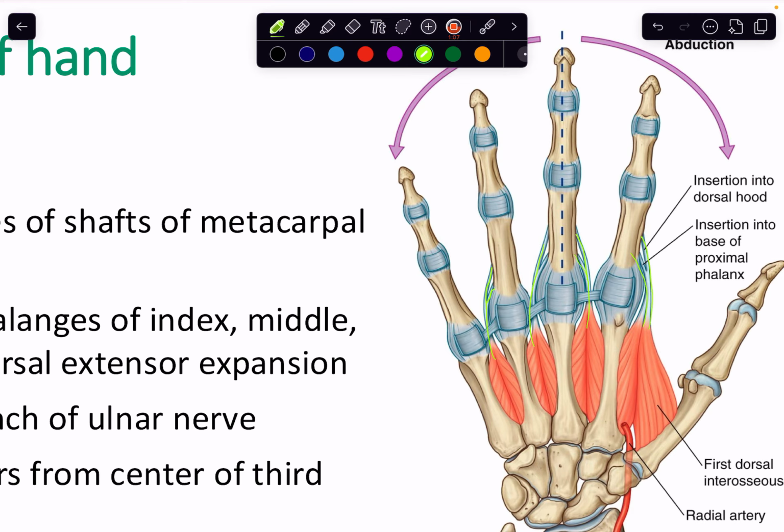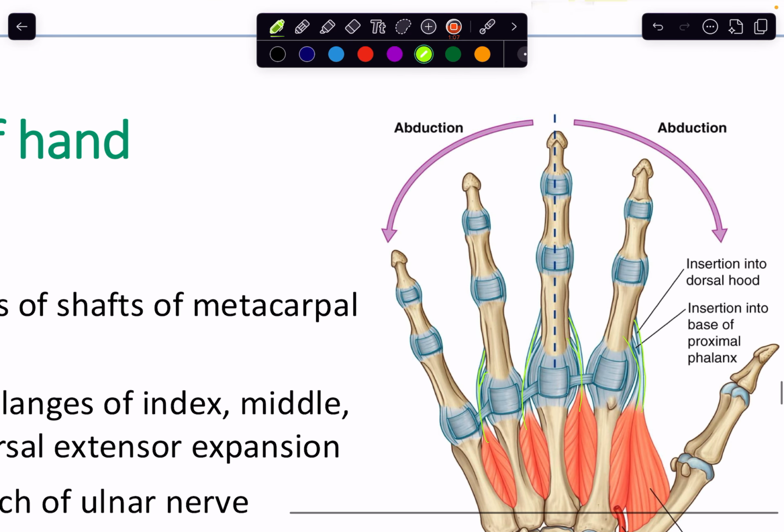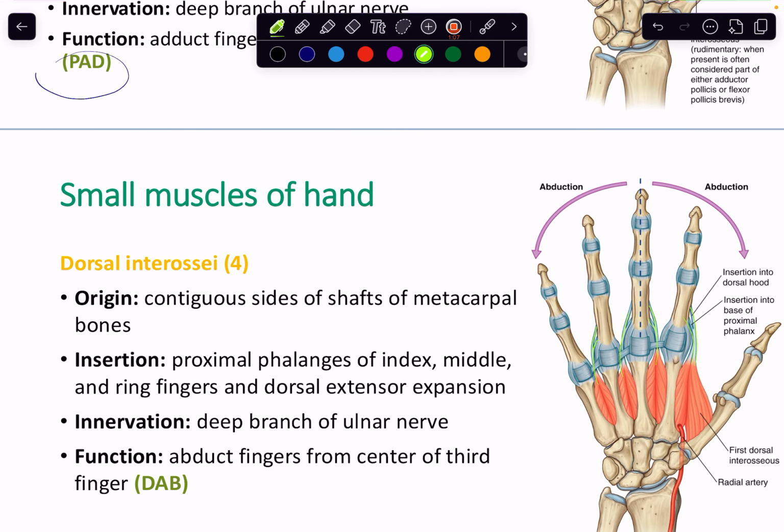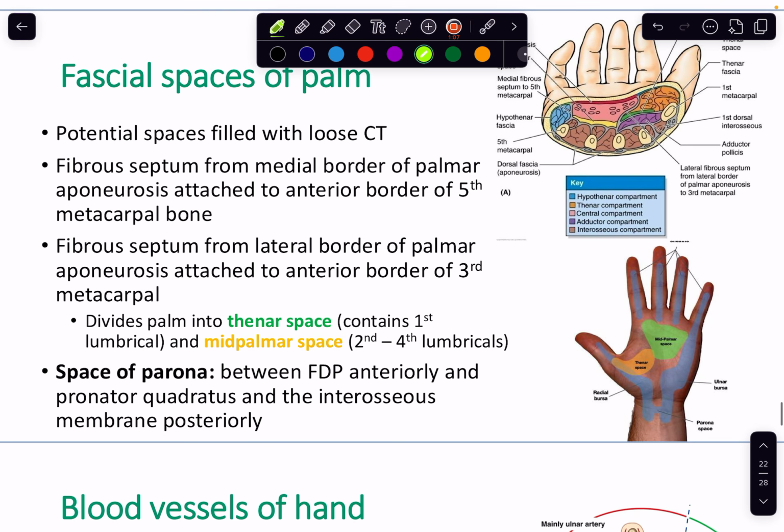But in the dorsal interossei, look at the pattern here. In the palmar interossei, there was no attachment of the interossei to the middle finger. But here, on both sides, just to keep it firm in the center, you don't move, right? So here, they are pulling from both sides.